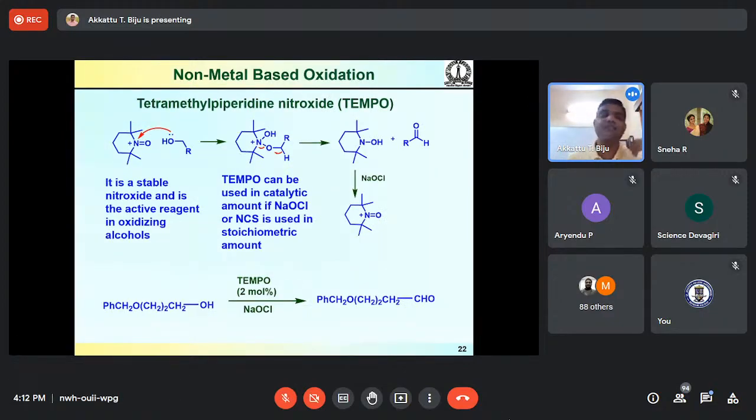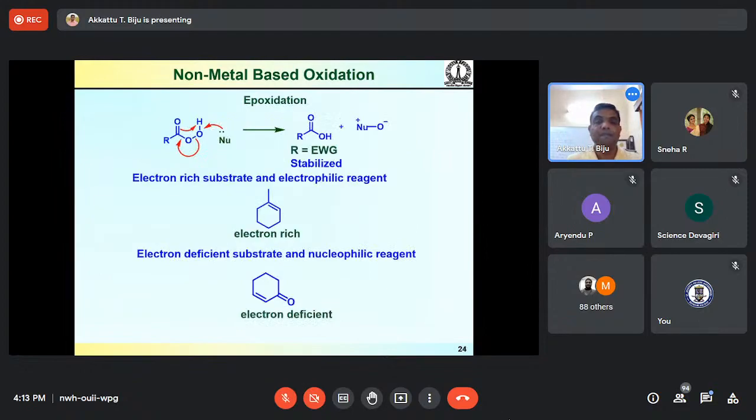And another reagent, which is not very important, is TEMPO, the tetramethylpiperidine N-oxide. The reagent is again useful for oxidation reactions. Because of the sterically demanding moiety present, this reagent is very good for oxidation of a primary alcohol, even in the presence of a secondary alcohol moiety.